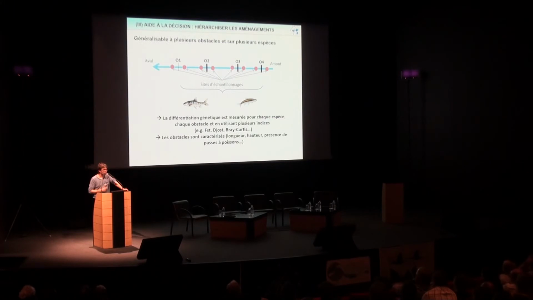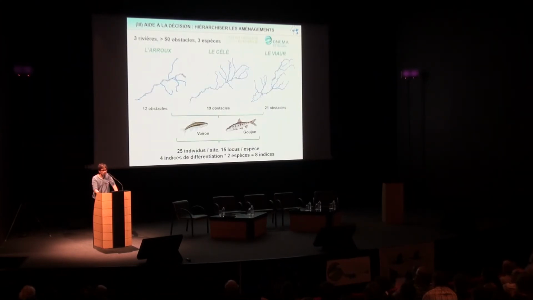And we use that for 2 species with 2 indicators of differentiation, and in parallel for each obstacle we characterized these obstacles physically speaking in order to know which characteristics could explain these effects.